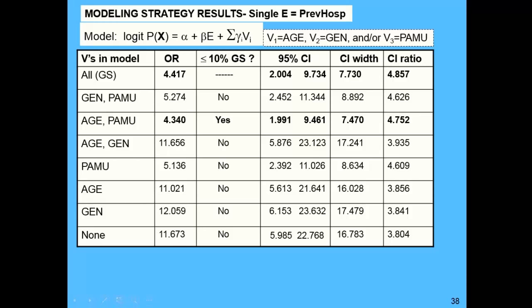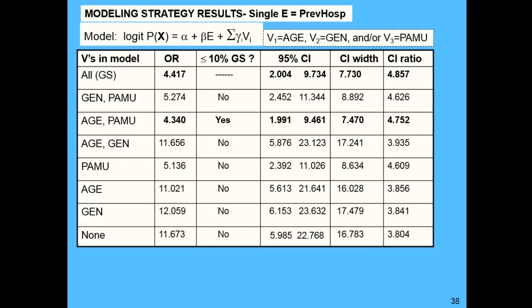Then we considered all possible subsets, and we said the gold standard model has in some sense the best answer for the odds ratio, because it controls for everything on our list that we're worried about. Then we consider all possible subsets and see which subsets, if any, give us an odds ratio that's as close to the gold standard one as possible.